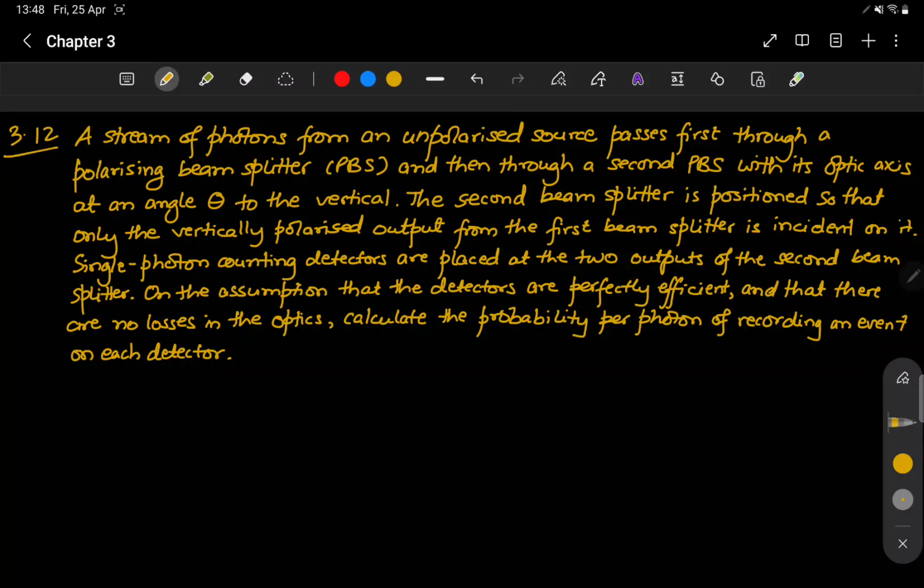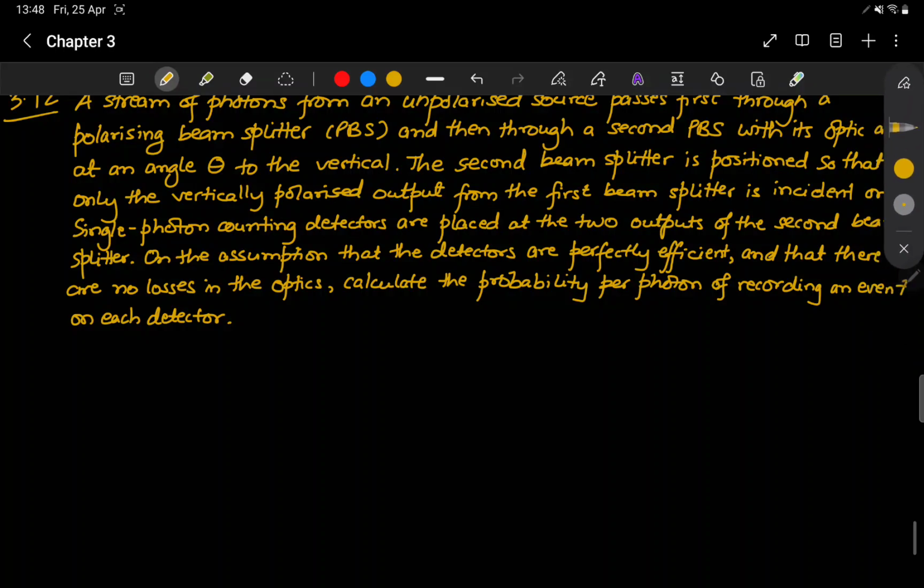So first let me draw the experimental setup in question.